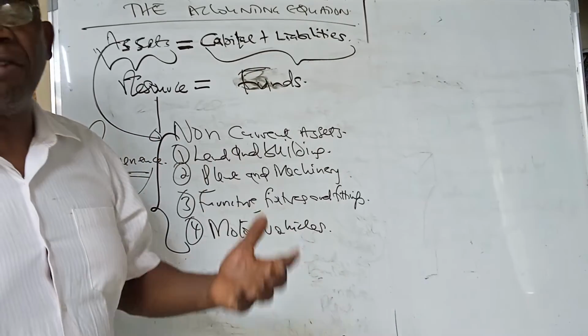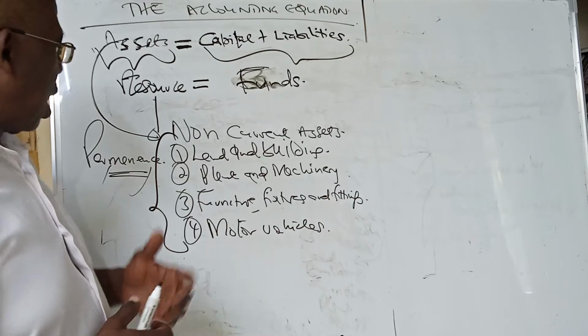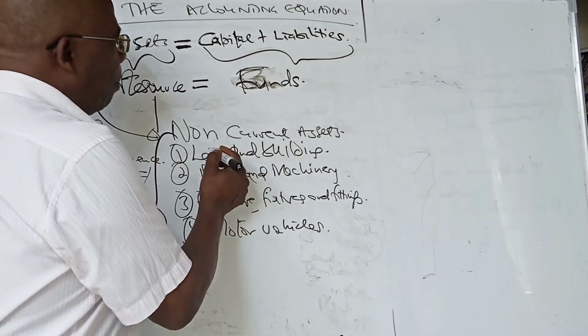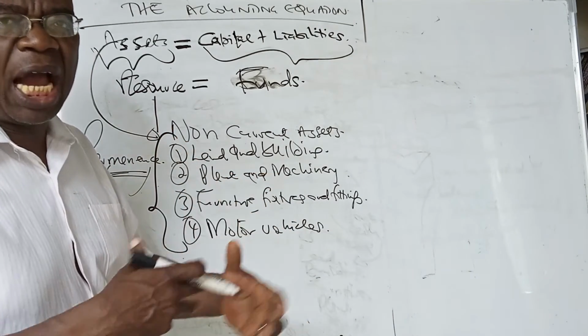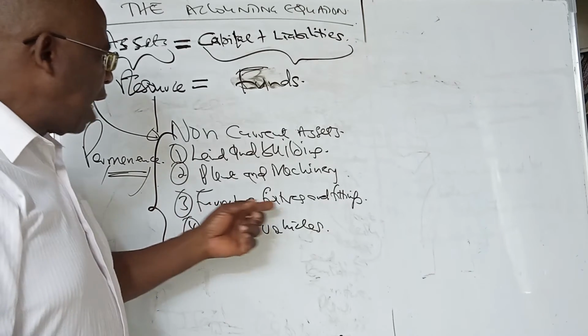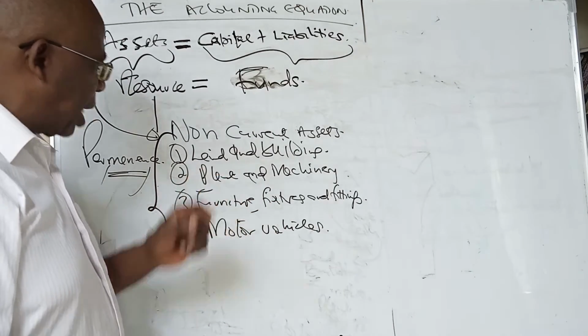Land could be there even for 100 years. Building could be there for 50 years. And you realize that land is the most permanent. Plant and machinery wear and tear and get depleted. Furniture and fittings may not live in the firm longer than the plant and machinery.